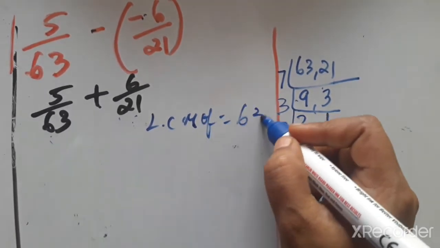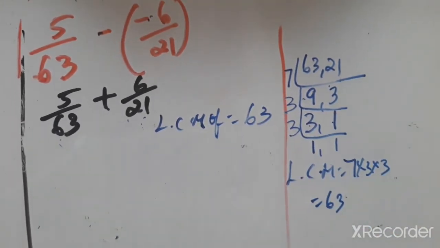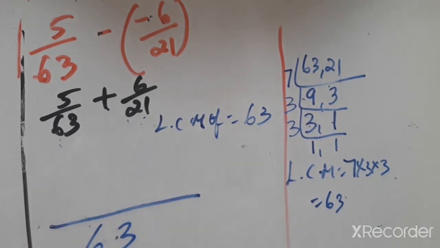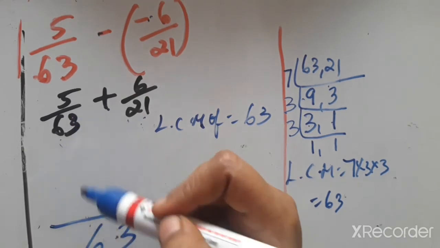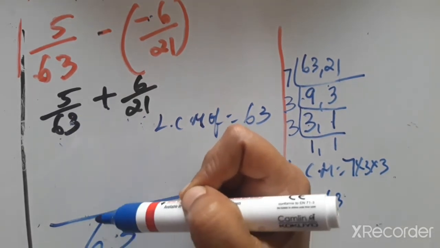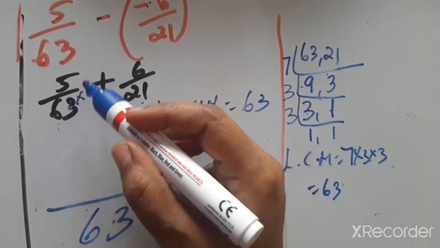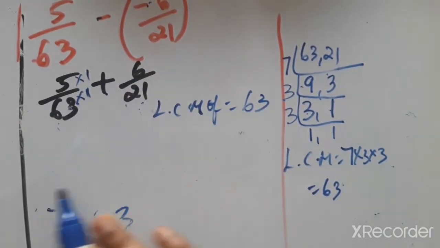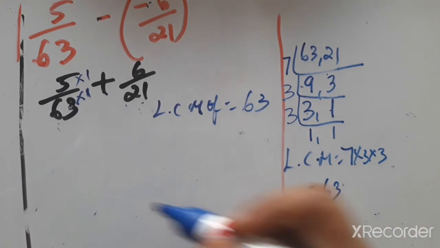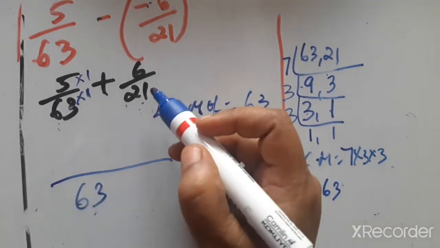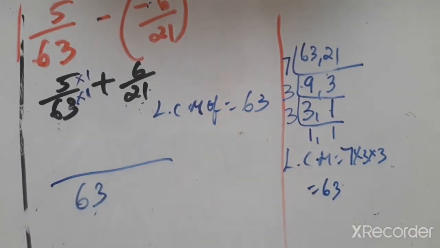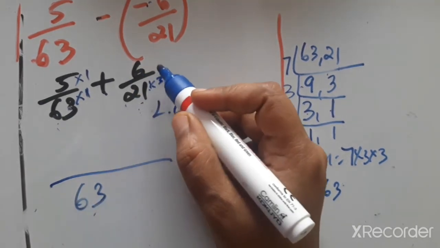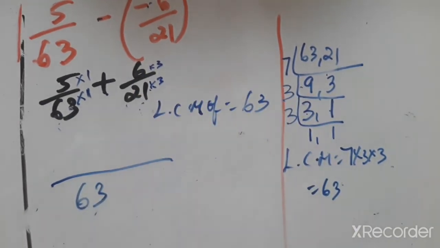Now write the 63 down. 63 how much are 63? 63 1s are 63, the same number we have to multiply up. Now 21 how much are 63? 21 3s are 63, the same number we have to multiply up.